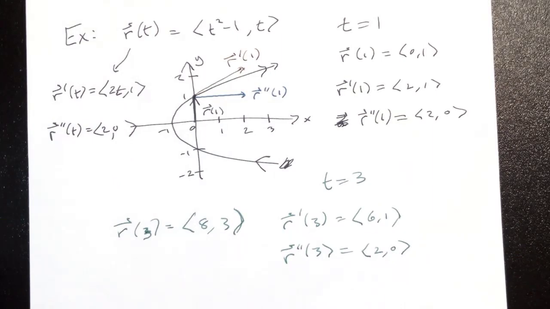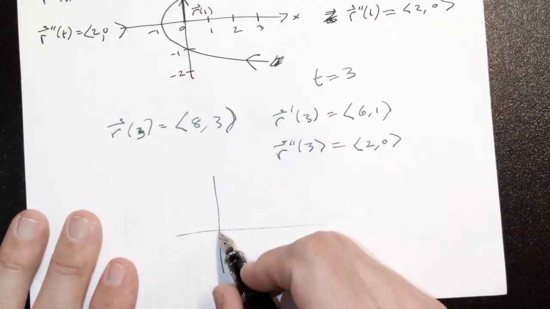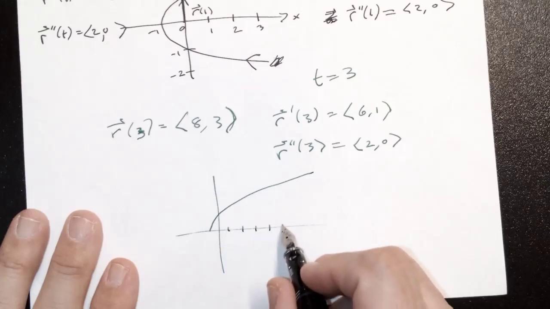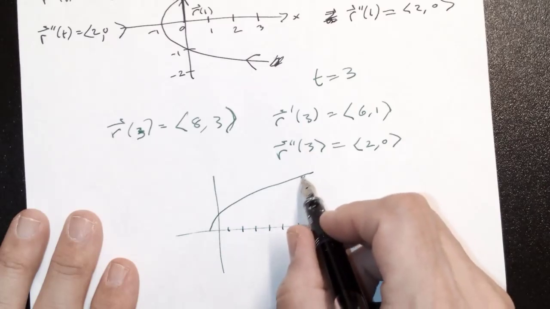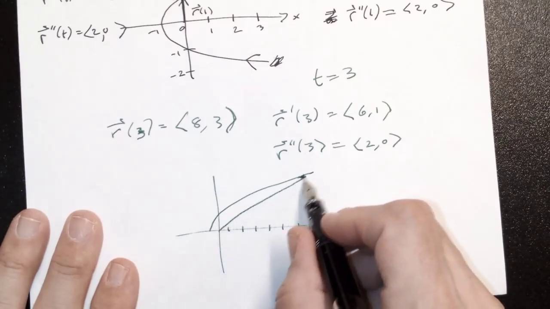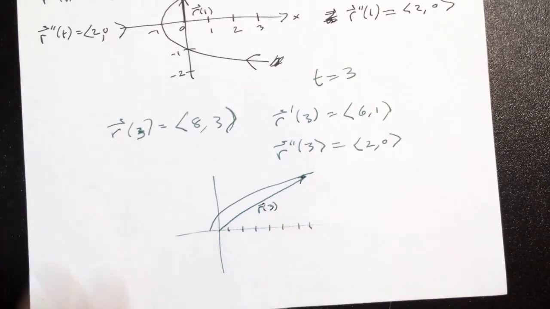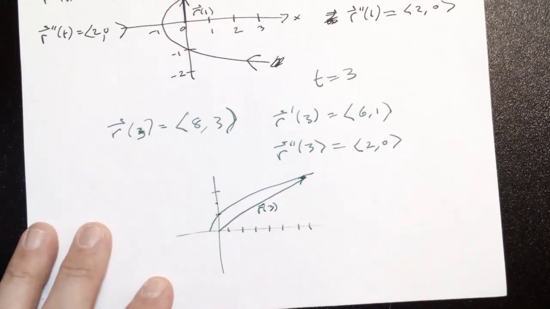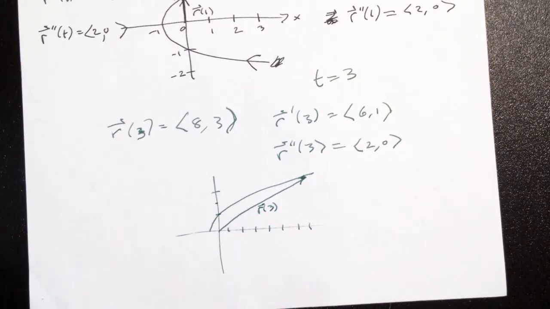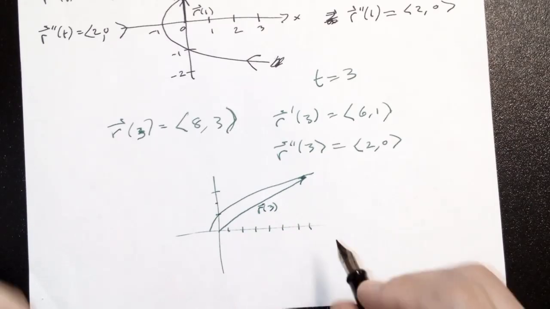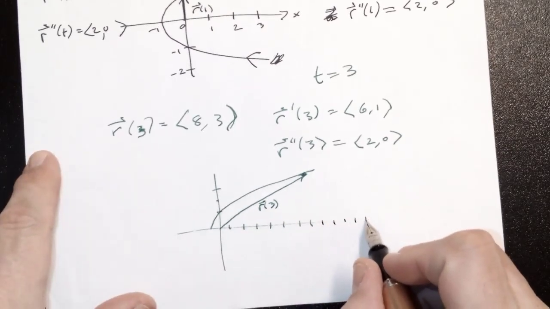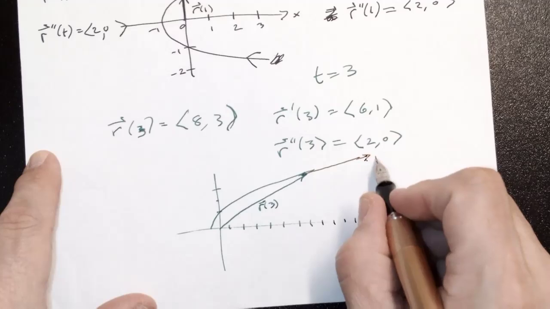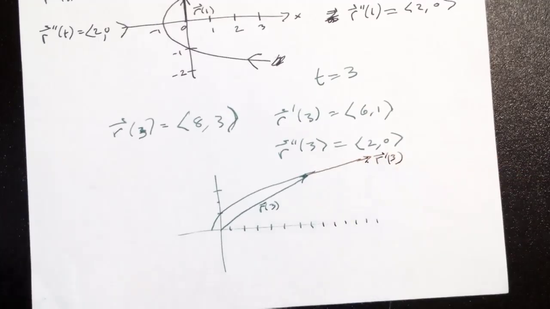Okay, picture time. There's r of 3, out 8, up 3. 6, 1: 1, 2, 3, 4, 5, 6, up 1. There's my velocity.